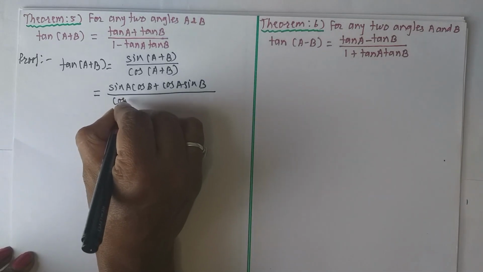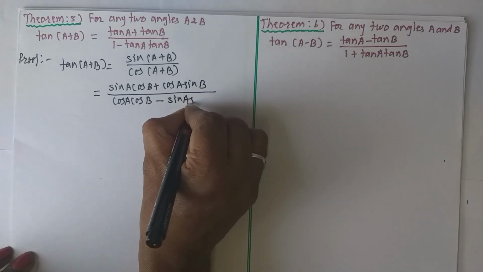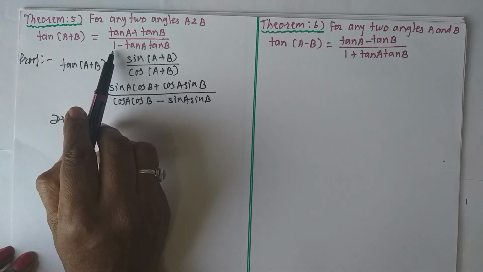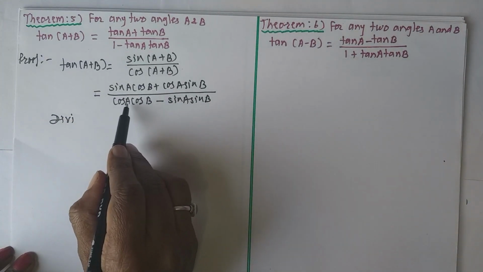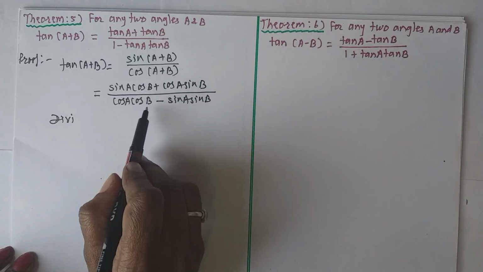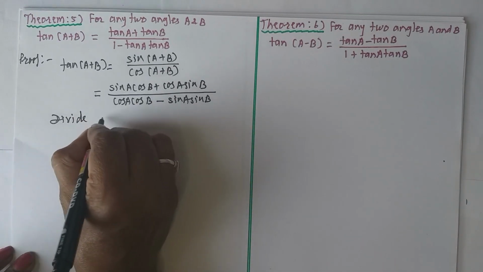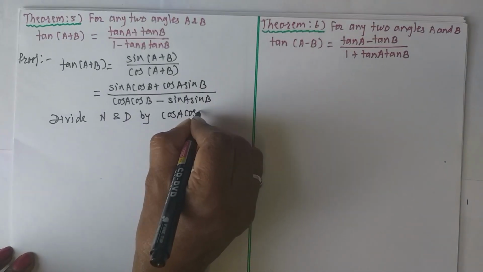What is that? That is cos A cos B minus sin A sin B. See, in the formula there is 1 in the denominator. First term is 1, means here we need 1, and to get 1 here we must divide numerator and denominator by cos A cos B.